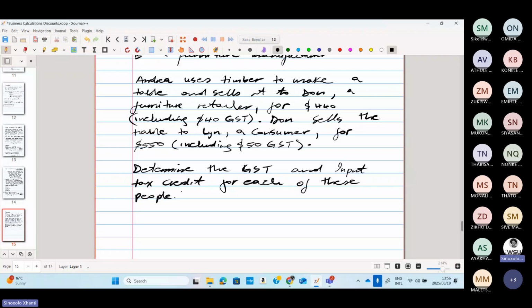So determine the GST and input tax credit for each of these.